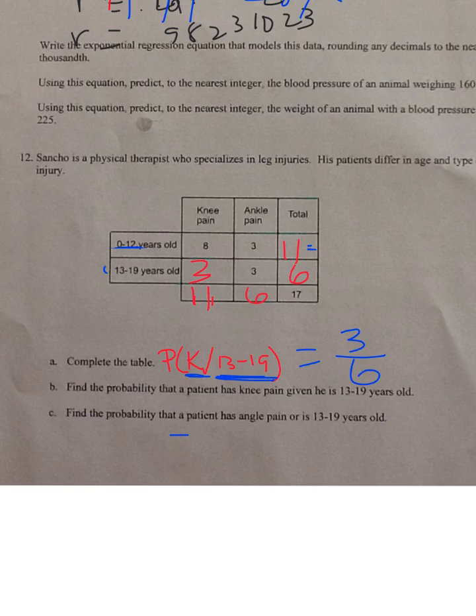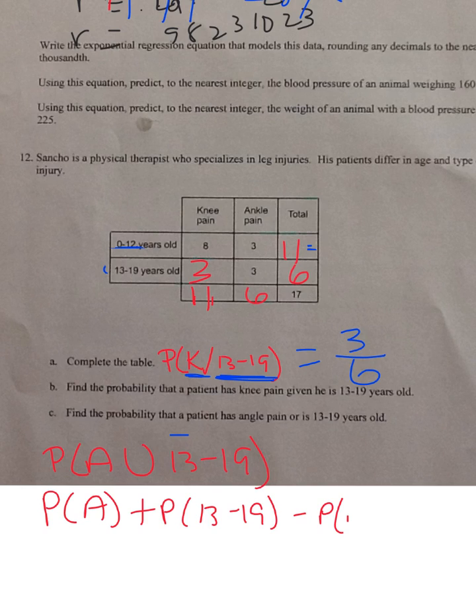The last part says the probability that the patient has ankle pain or is 13 to 19. So it's the probability of ankle pain plus the probability of 13 to 19 minus the probability that it's ankle pain and it's 13 to 19 years old. It's not a conditional probability, so I have to look at the whole thing. What's the probability that a patient has ankle pain? There are 6 out of 17.